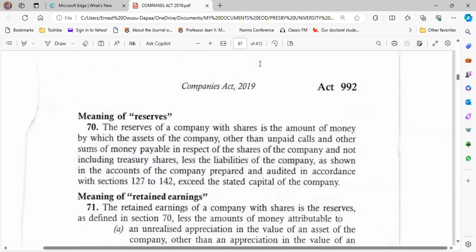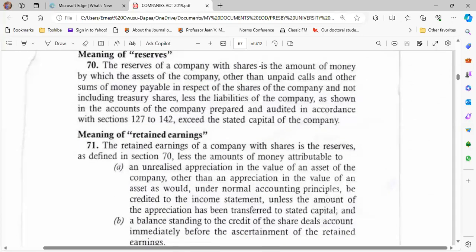And we are saying that the reserves of the company also constitute the retained earnings, provided we take out the unrealized appreciation in the value of an asset. You know, when the company has an asset, it gains in value, right? It appreciates.